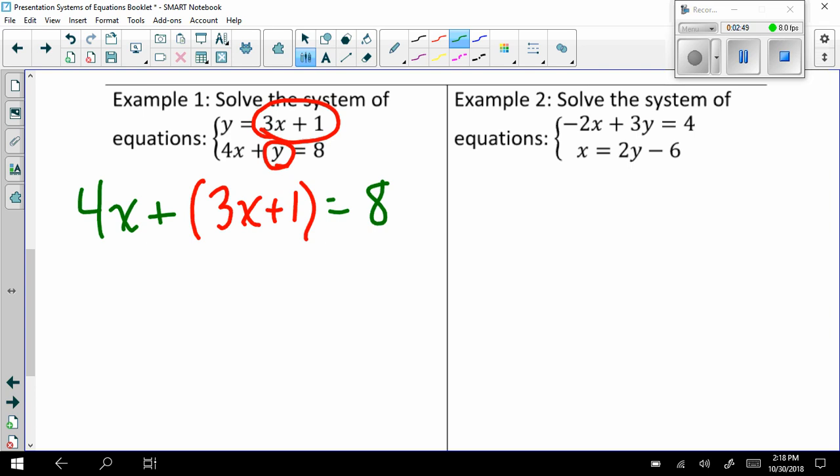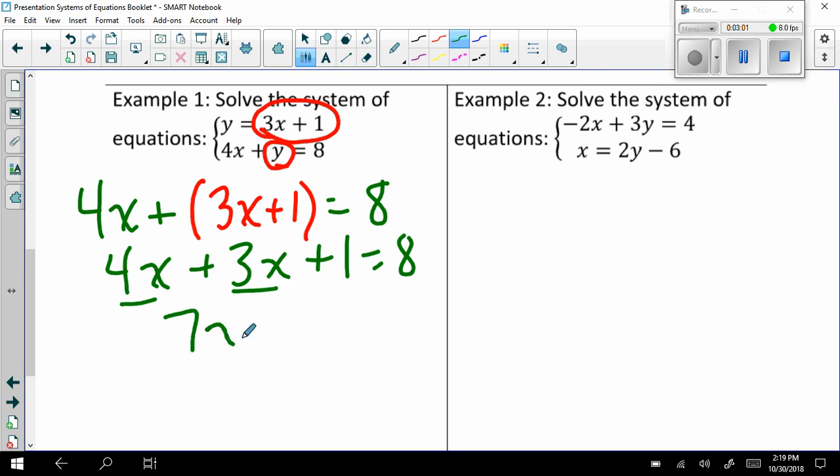Again, my parentheses aren't doing anything. There's nothing to distribute, so I can just ignore them. I'm distributing a 1, if you want. Then on the left side, I have some like terms, combining my like terms, and then subtracting 1.